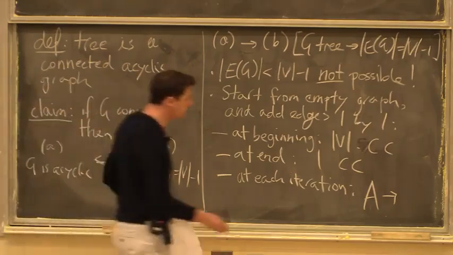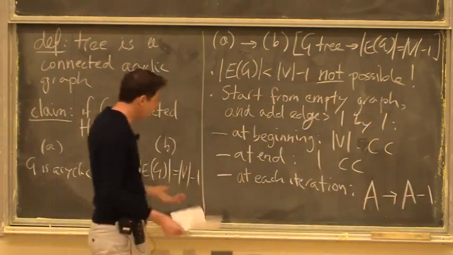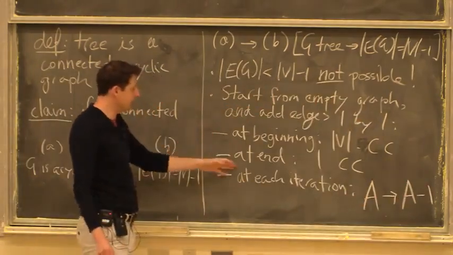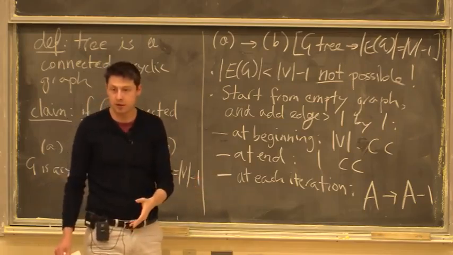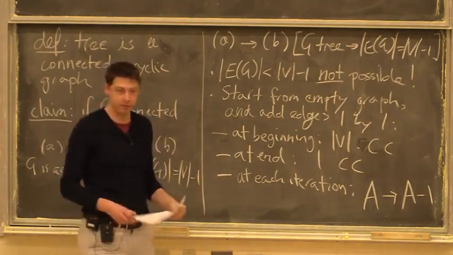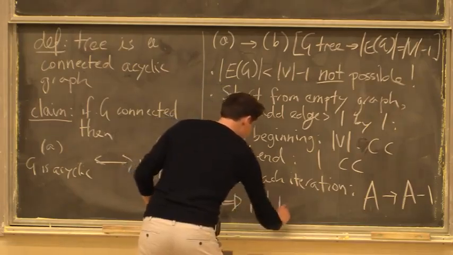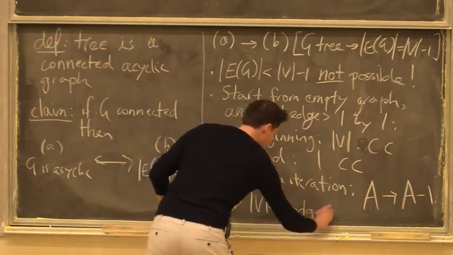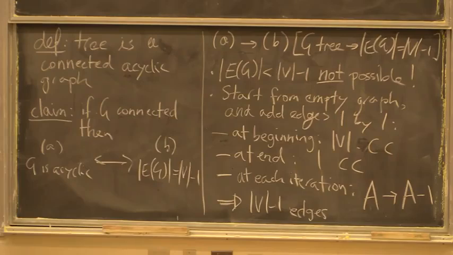So it goes down precisely by 1. At the beginning we have V, at the end we have 1. Every time we add an edge, it goes down by 1. That means that overall, we must have exactly V minus 1 edges. Is it clear? All right.